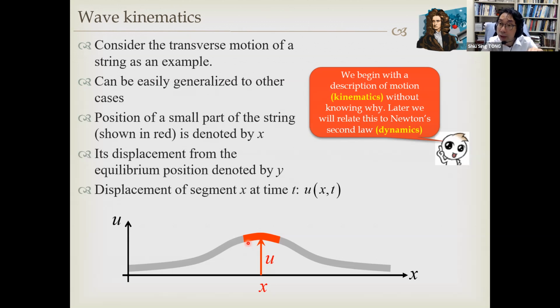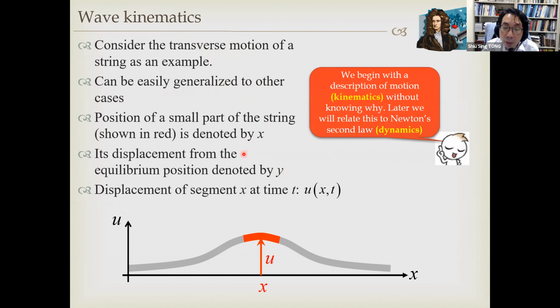So we now consider a small disturbance on the taut string. So that is a transverse wave. For other waves, we can easily generalize the equation of motion to other cases, so we only confine ourselves to this case.